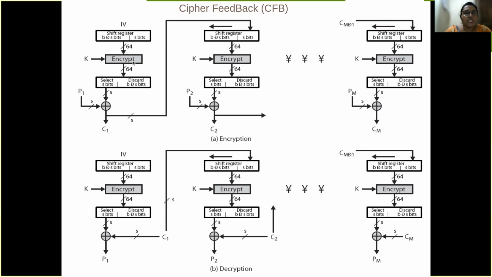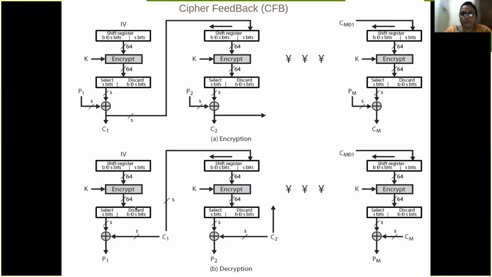Now you can see, since the encryption is being done for the IV and the previous cipher only, the actual plain text does not go through any encryption process. So the DES encryption itself is used both in decryption and in encryption, and this section is the same for both. So this part can be calculated beforehand.